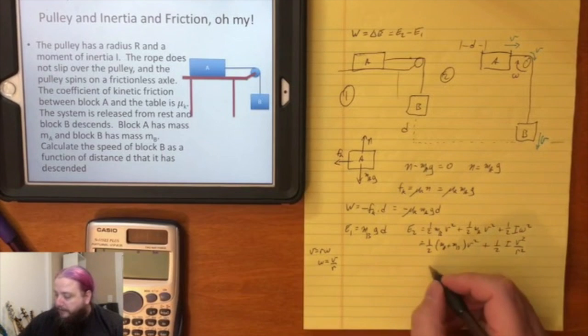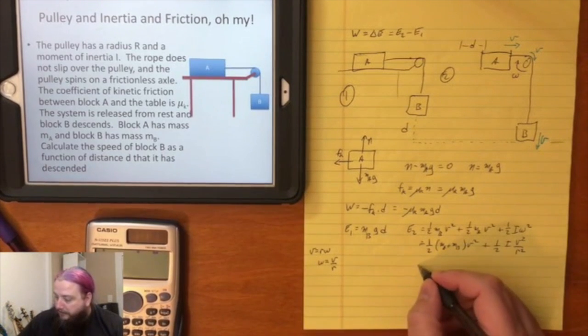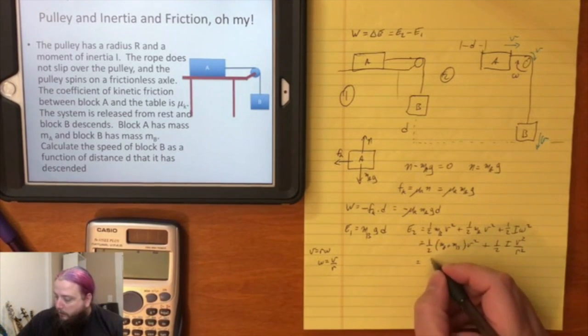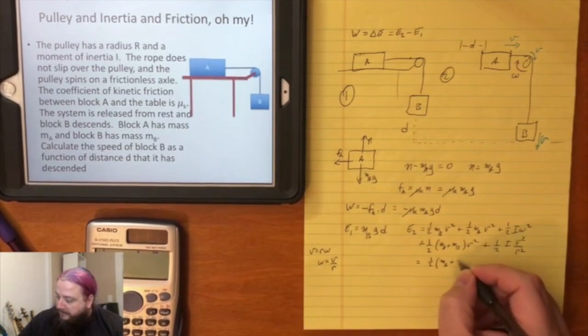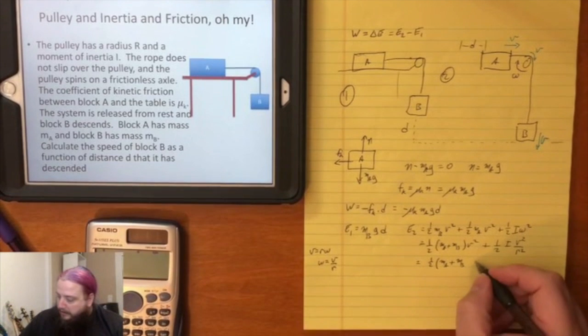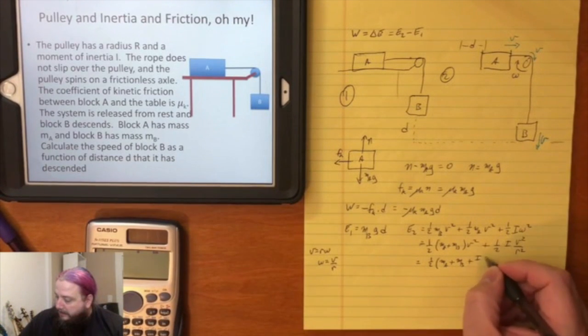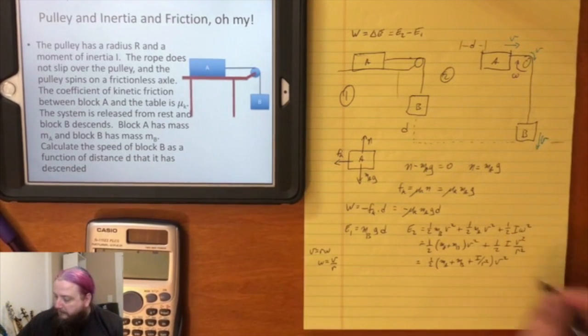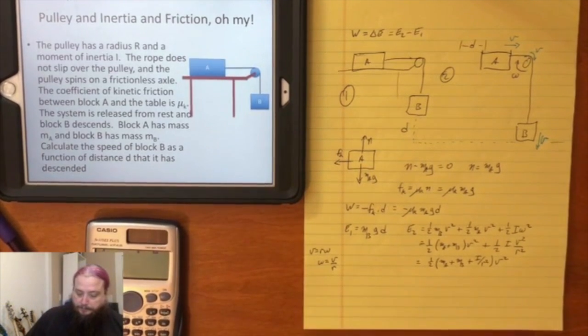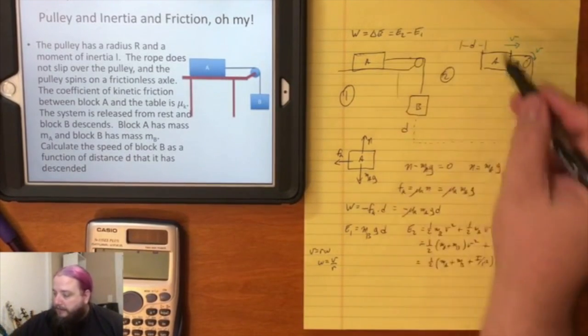Everything here is multiplied by V squared, so we could write this also as 1/2 times MA plus MB plus I over R squared times speed squared. All right, so now we can put everything together.